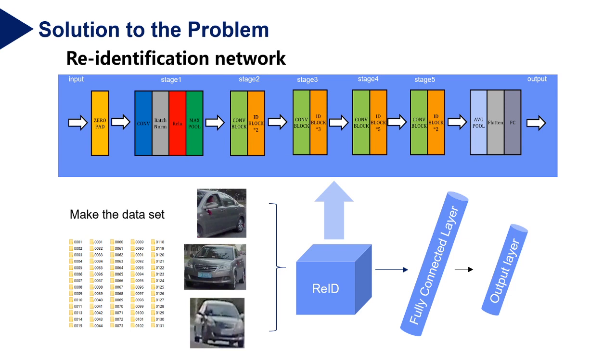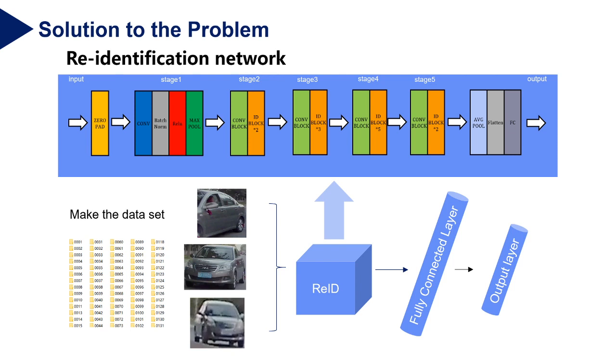The specific approach is to recreate our data set according to the corresponding ID of all targets in the video. So here we can see the data set we generate for ReID identification is the 131 objects. Each target is cut out according to the bounding box in the video and classified and saved.